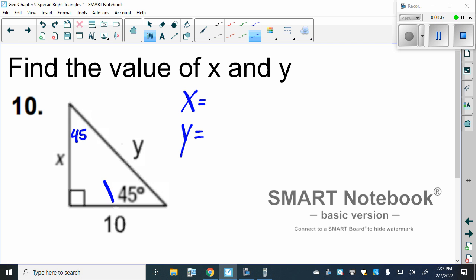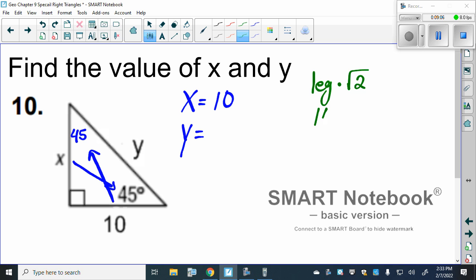Well, 10 is opposite which angle? The 45 degrees, so it means it's one of the legs. And which other variable do we know for sure? X, because it's also opposite the 45, which makes x equal to 10, because the sides opposite the 45 degrees are going to be the same. And the hypotenuse is going to be the leg times the square root of 2.